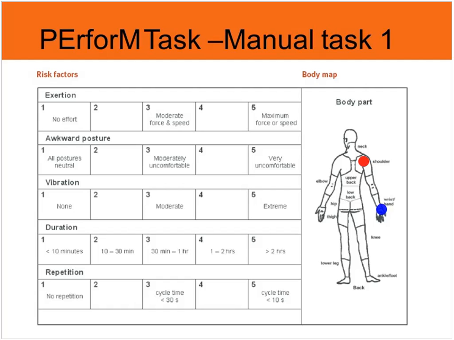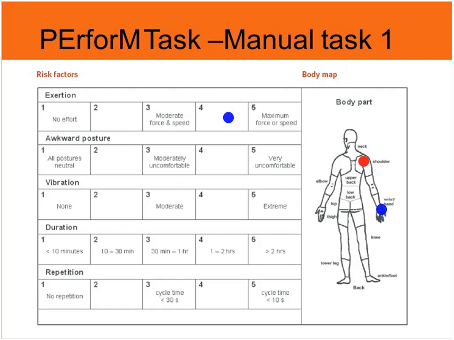Okay, so hopefully that was enough time for most people to start thinking about the wrist. I'm just going to go through how you might have started assessing that. Now, you should have probably about a 4 looking at the exertion for the wrist.